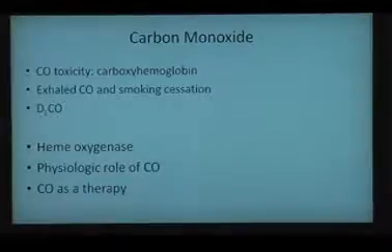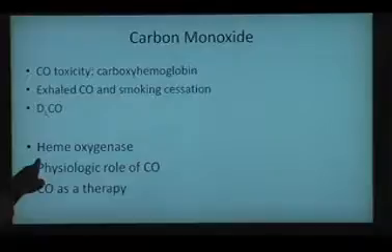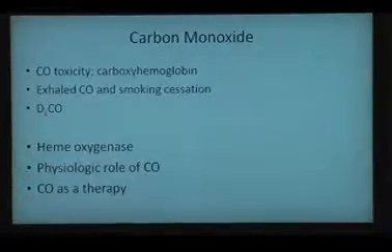But the biology of this, which is important, is the result of an enzyme in our bodies called heme oxygenase. I'll tell you more about that in a few minutes. And that has led to the recognition that there is an important physiologic role for CO. So if you inhale CO in a fire, and you have a high carboxyhemoglobin, that'll kill you, for sure.